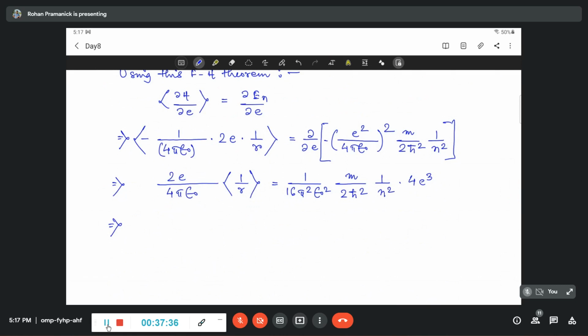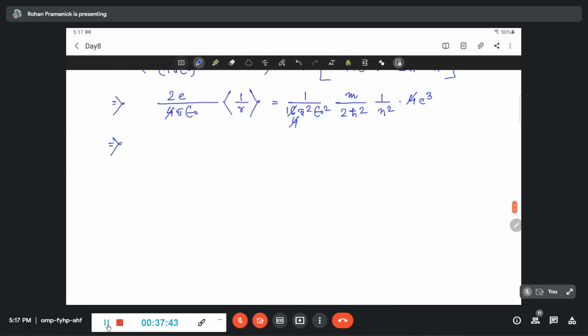This 4 cancels, and 2 here gives you twice e by pi epsilon 0 times 1 by r equals m by twice h cut squared, and there is pi squared epsilon 0 squared, and 1 by n squared. Yes, now it is correct, and there is also e cube.